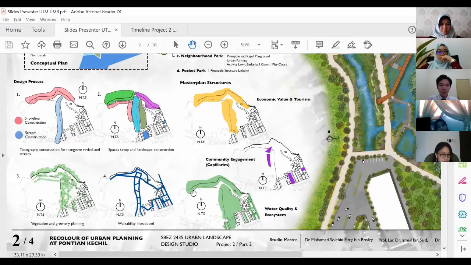Second is the spaces set up and hardscape construction, where each place provides unique facilities and functions. Then vegetation and greenery planning, proposing suitable plant species along coastal areas and brackish water bodies. Lastly, introducing walkability and improving the existing walkway.